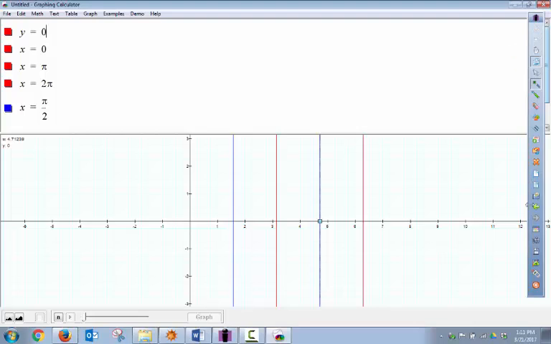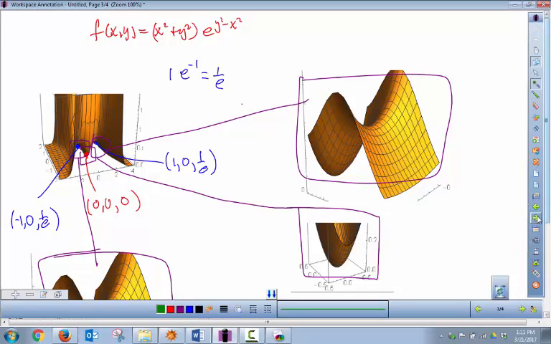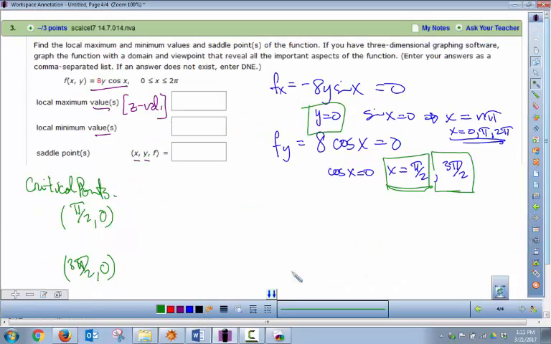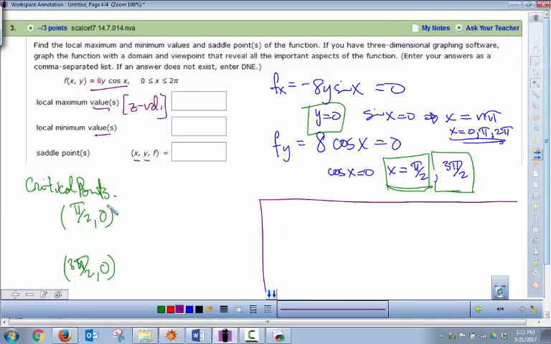All right. In any case, we have our critical points. We need our fxx and fyy so that we can put these critical points into our discriminant. So fxx is the derivative of this thing with respect to x. So minus 8y, the derivative of sine is cosine x.